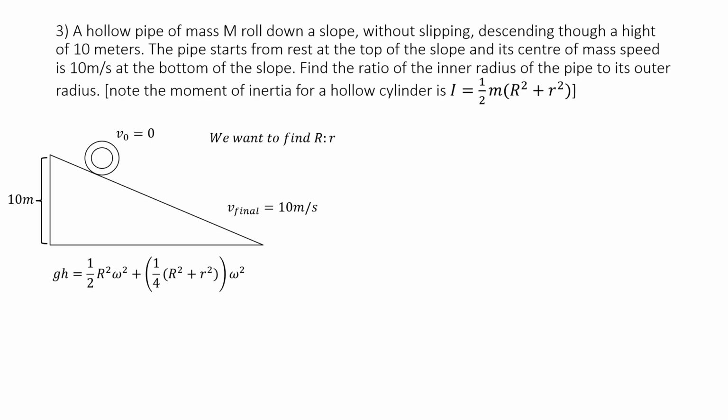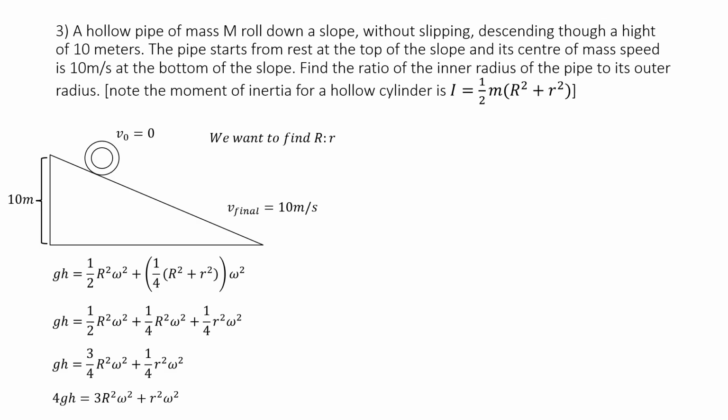Next thing we're going to want to do is times out the brackets. So our omega comes in and our 1 over 4 comes into the bracket, which gives us this nice looking equation. And we can put together our two R squared omega squareds. We can add those and we get 3 over 4 R squared omega squared.